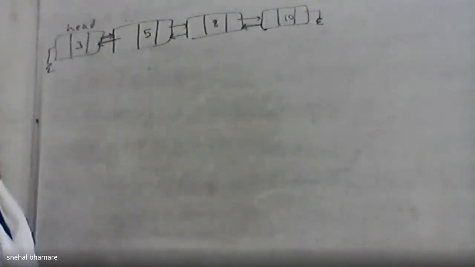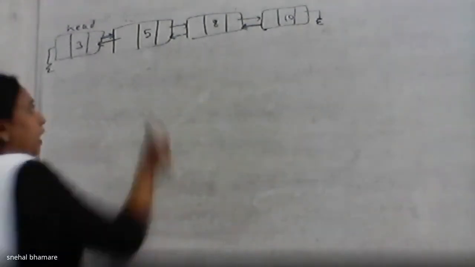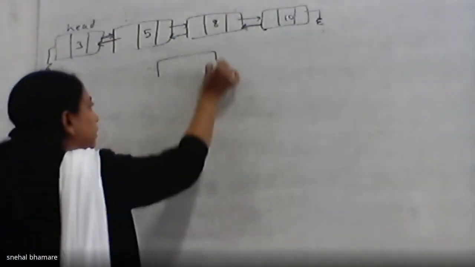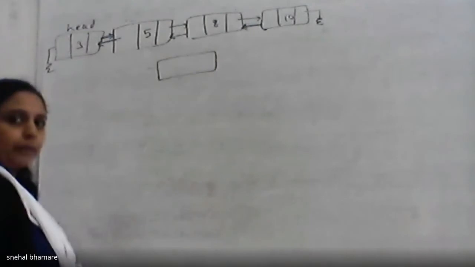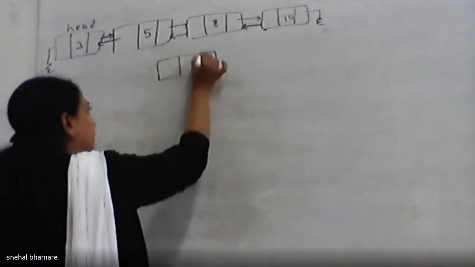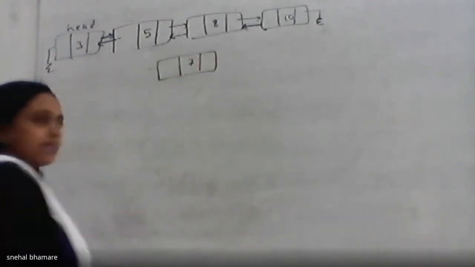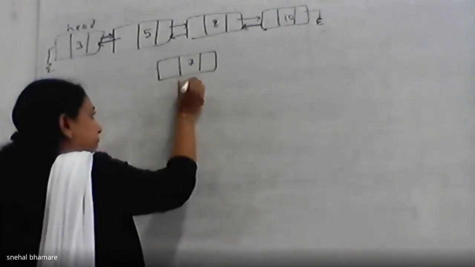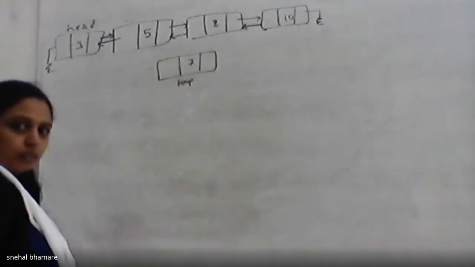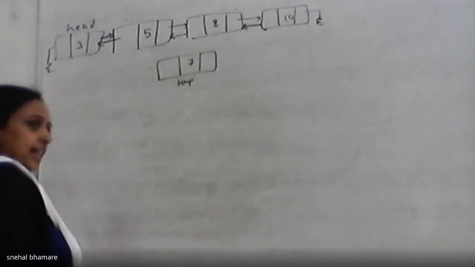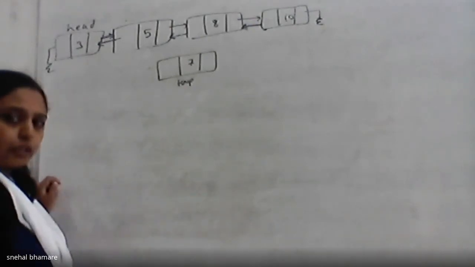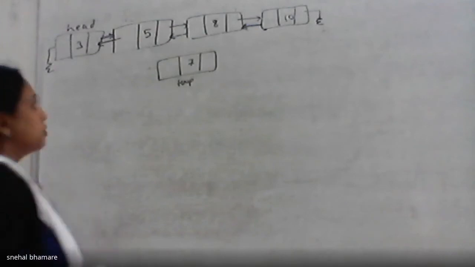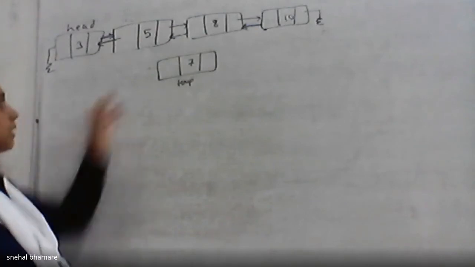So I will create a node to store the 7 in the data part. Keep it as 7. Okay, let's say this is 10. Fine. After that, I'll ask the user after which node you have to insert this 7. So let's say the user told me to insert it after 5.